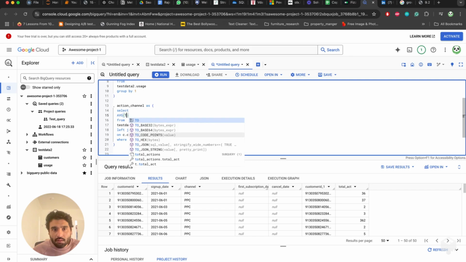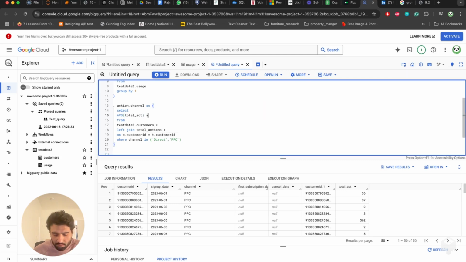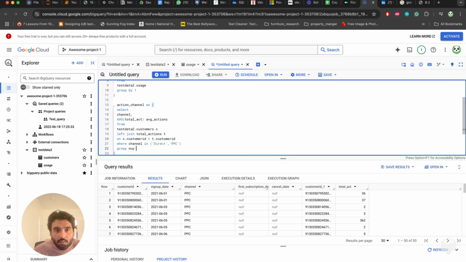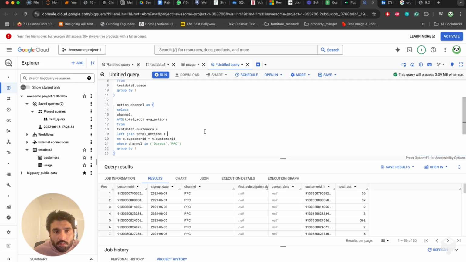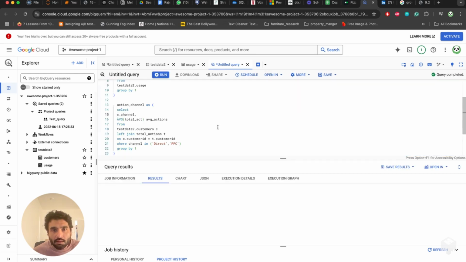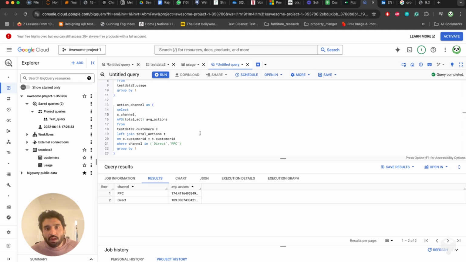Total act is average actions, and then we're going to have the channel, and then we need to do a group by 1. The channel is coming from C, so this is average actions per channel. So let's see. That's what we have.